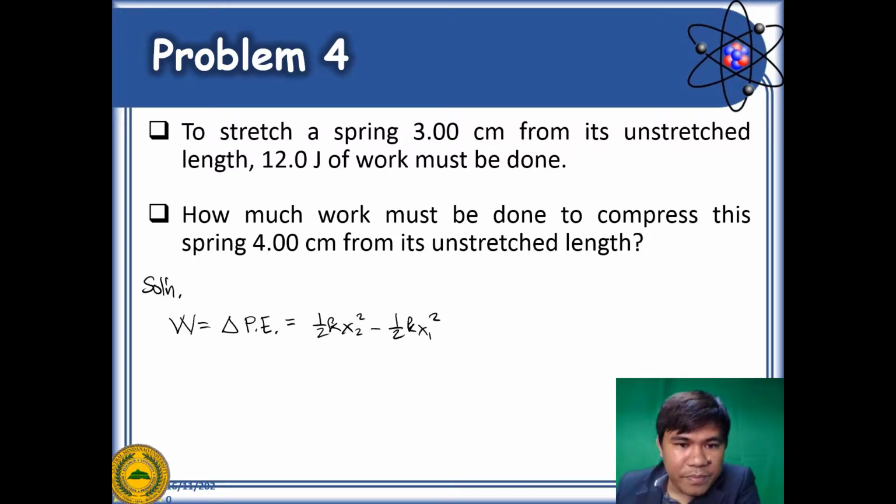So in this case, when the spring is unstretched, that is the corresponding equilibrium position. So the equilibrium position is the case wherein the spring is unstretched, so the initial displacement is equal to 0. So we are left with 1/2 k x2 squared.